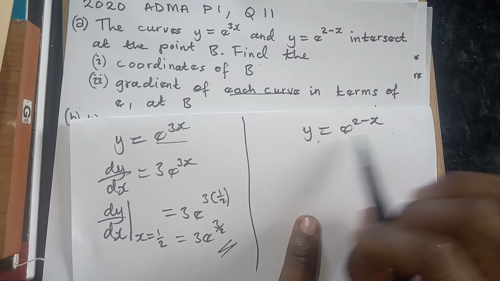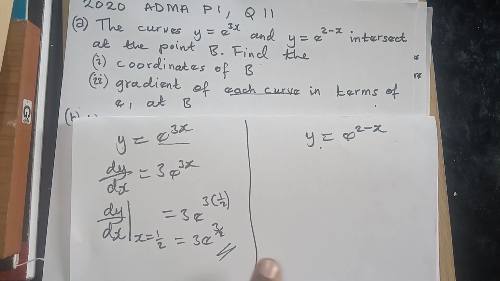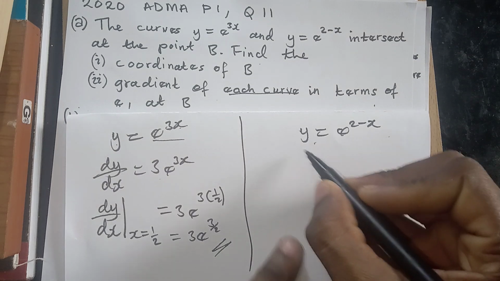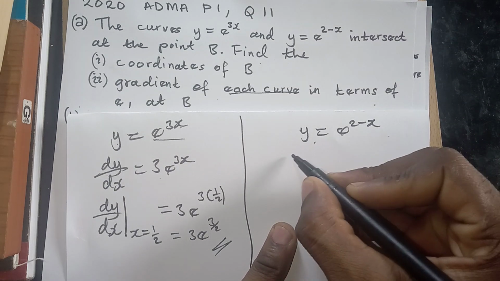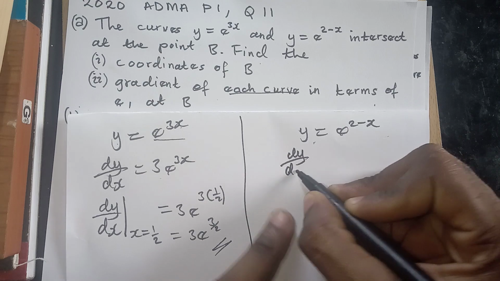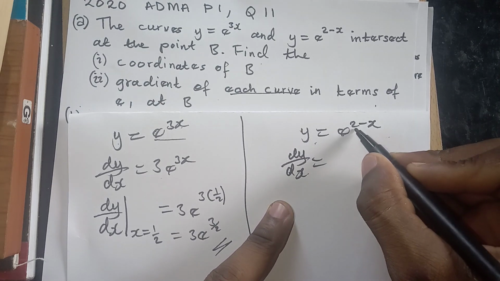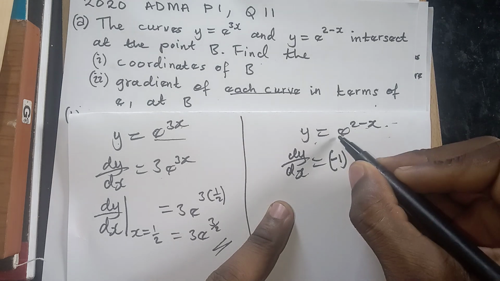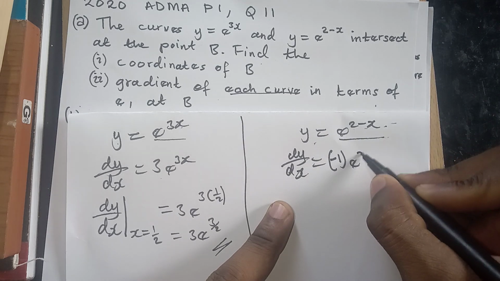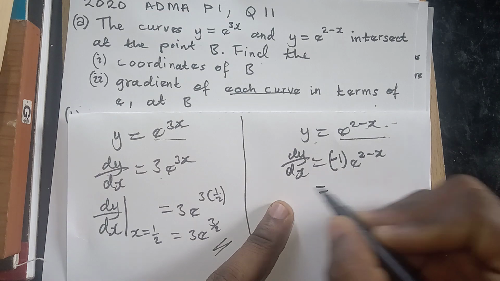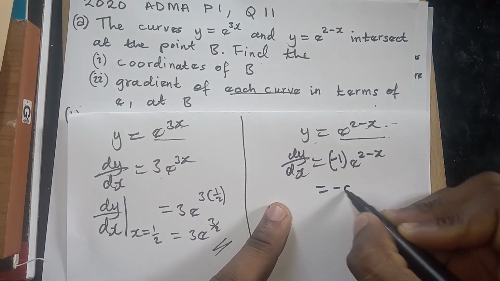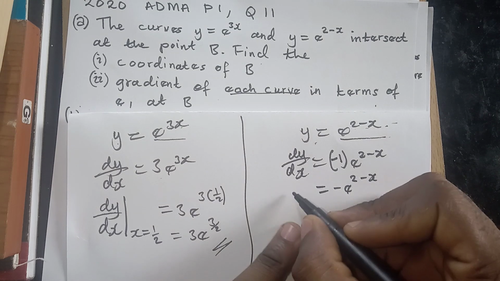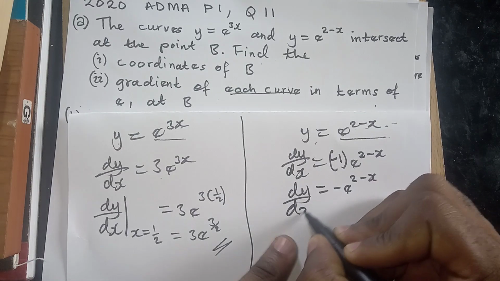Then we can do the same thing here. Let's differentiate this. dy/dx will be, when you differentiate the power, you get -1, and then you write this thing exactly as it is. So you have negative e to the power 2 minus x as our dy/dx.